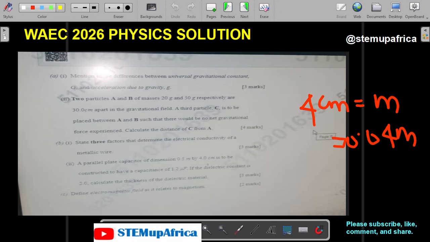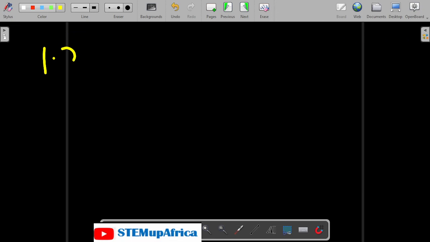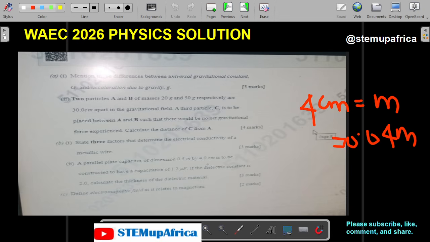So with that now we can find the thickness of the wire. The capacitor is given to us as 1.2 microfarad. You can see it clearly. So I'm having 1.2 times 10 minus 6 equals, let's check for the constant now, is 2. Constant is 2.